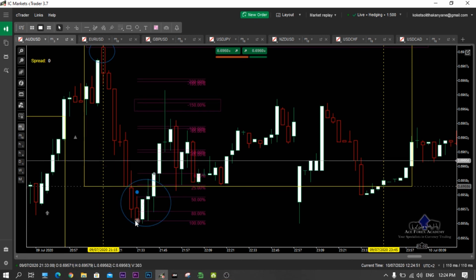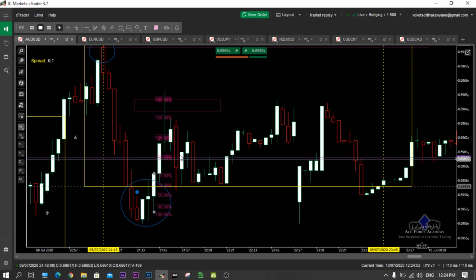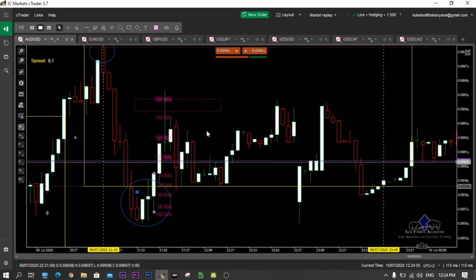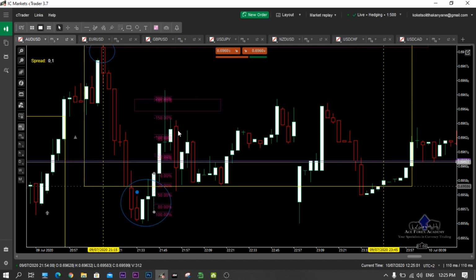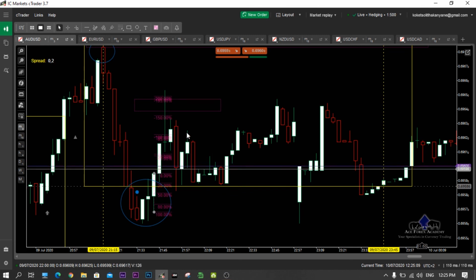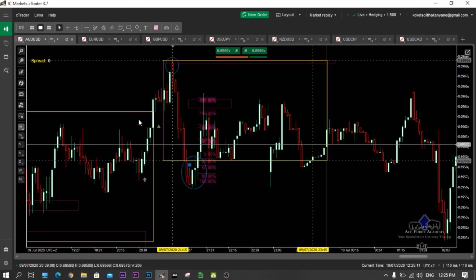And with a more aggressive stop loss, you had a risk reward ratio that sits in the 200 region. So you would have made a good outcome from taking this trade. We're looking at 1:1.5 and 1:2 as a risk reward ratio.